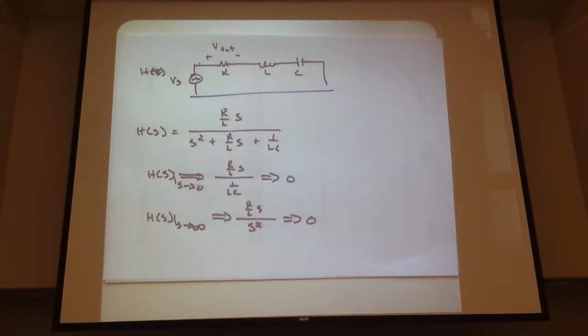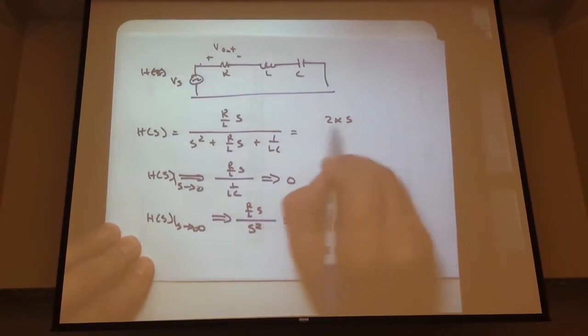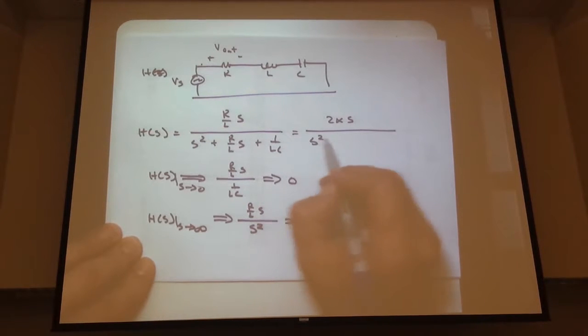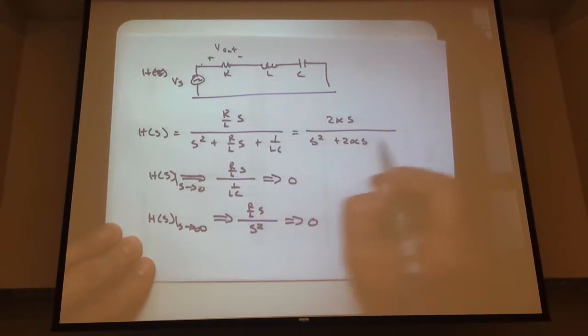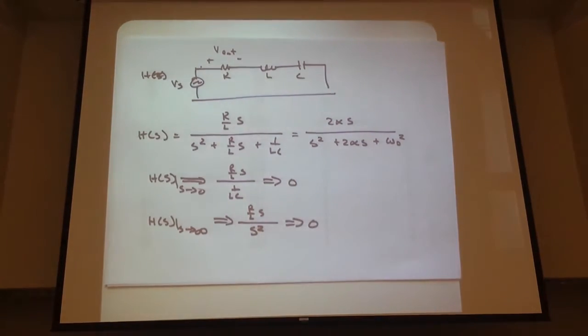Okay. We can rewrite this as 2 alpha S over S squared plus 2 alpha S plus omega naught squared. We haven't done that for a while, but that is familiar to us. So R over L was 2 alpha, omega naught squared is 1 over LC.